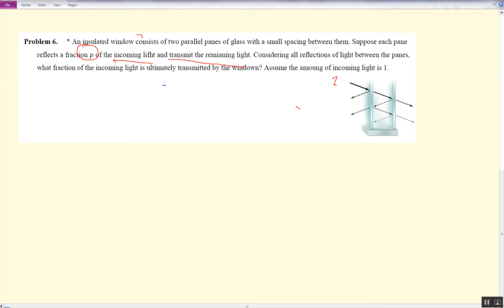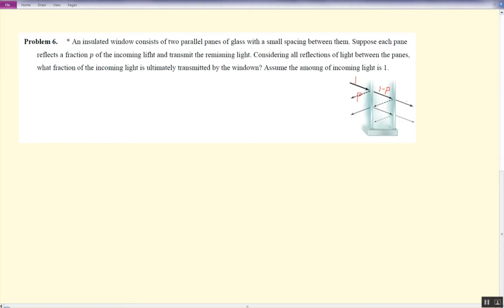Now, what amount is transmitted, goes through the glass? Because p amount is reflected, 1 minus p will be transmitted, right? So let's note down those numbers here on the graph. 1 is the total amount, 1 minus p travels through, and p will be reflected.